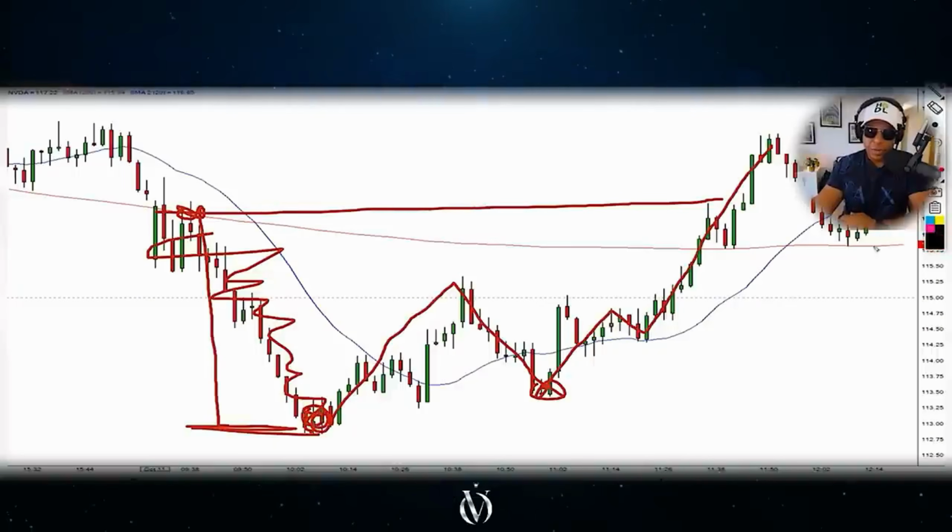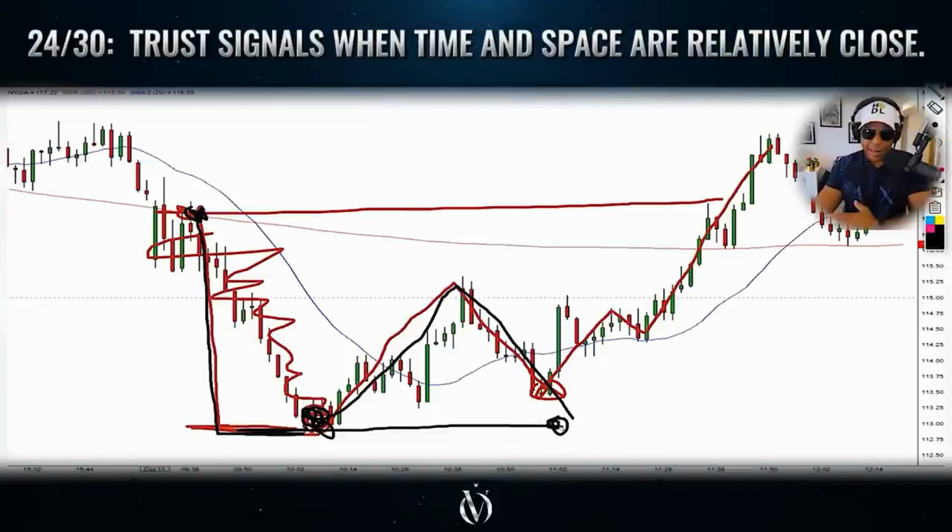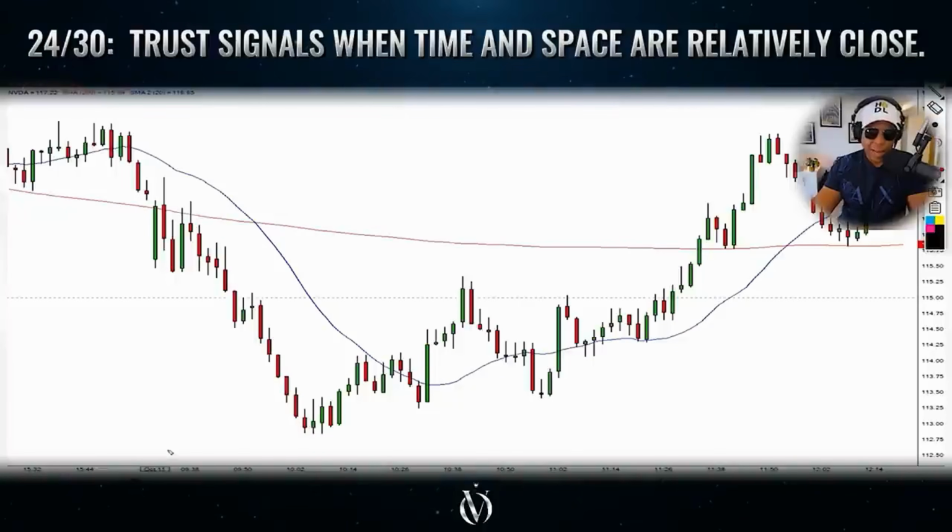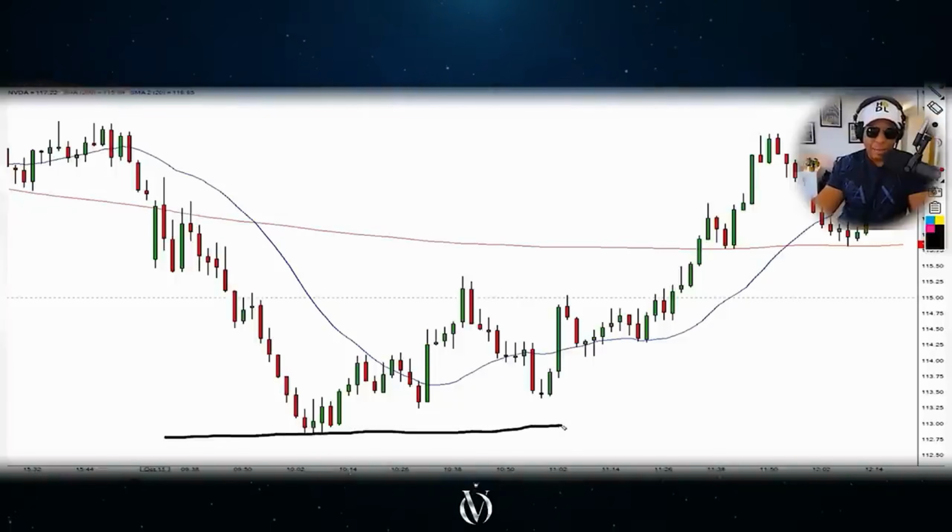I know I'm drawing sloppily here, but this is too close to the origin of the pain. It's not enough healing yet. But here, yes. Another thing you have to look at is that we've got time here. This attempt to move up from here is happening with time from the origin, right?